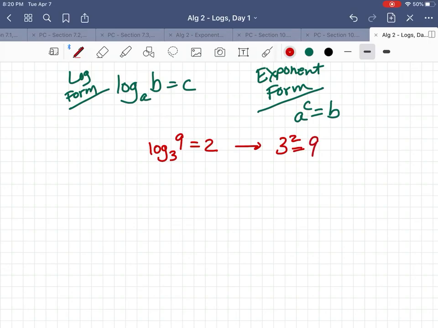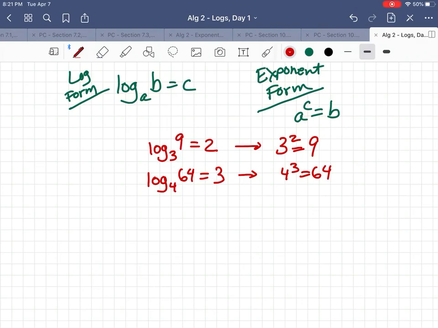If I write down log base 4 of 64 equals, I can figure out what it equals because I say to myself, 4 to some power has to equal 64. Well, 4 to the third equals 64, so this must be a 3.